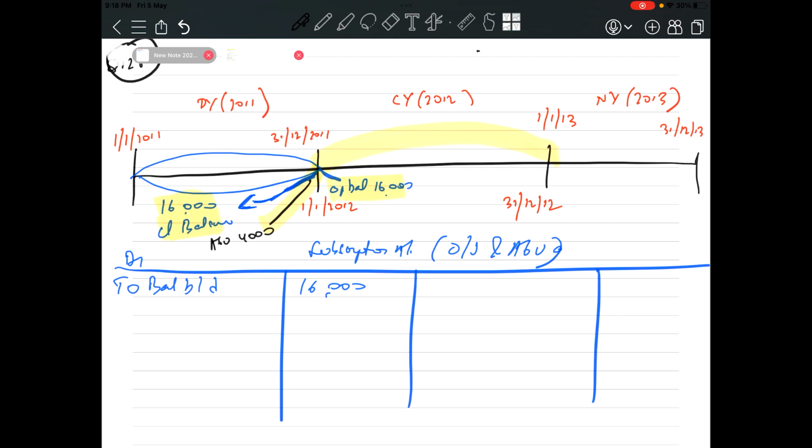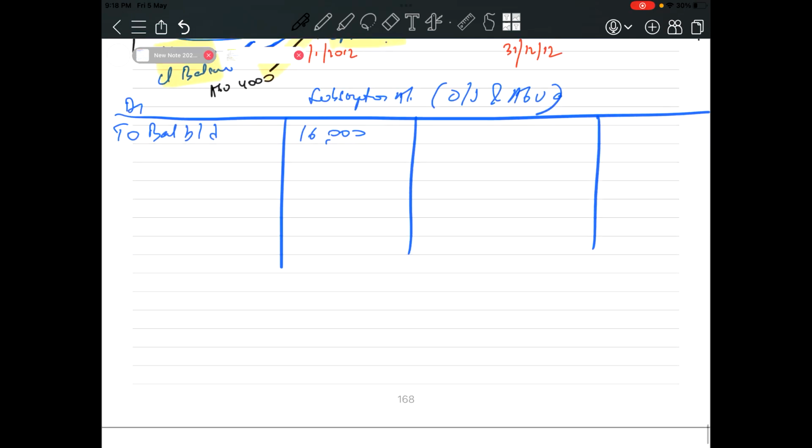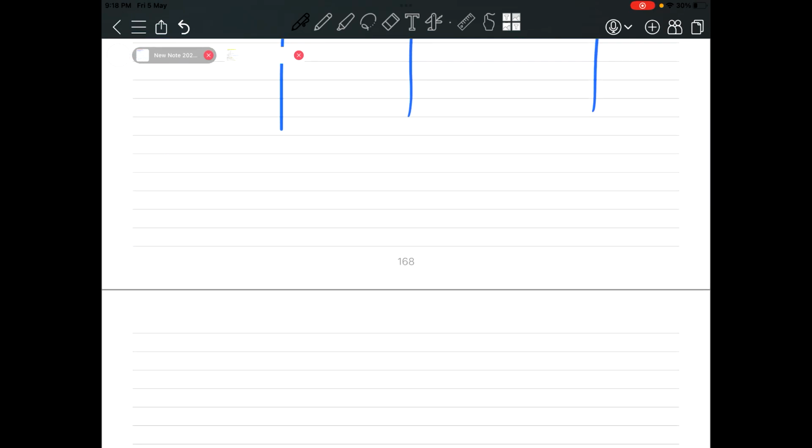Now income received in advance is a liability for the organization. You just note this down if you want. Note number 1: expenses paid in advance is an asset for the organization.